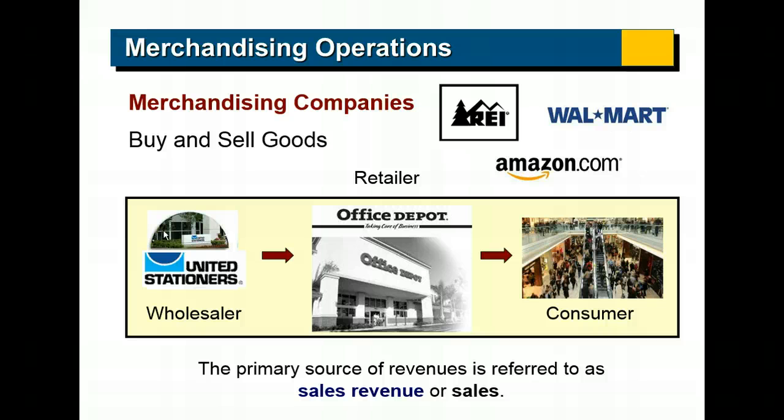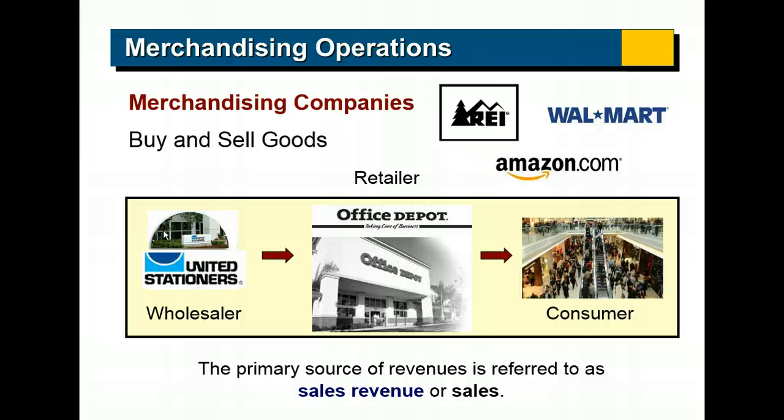So, we all know of various merchandising companies. Walmart, Amazon, Macy's, you name it. They don't make their own products, but they purchase inventory for sale. Okay? 3M is more of a manufacturing company.